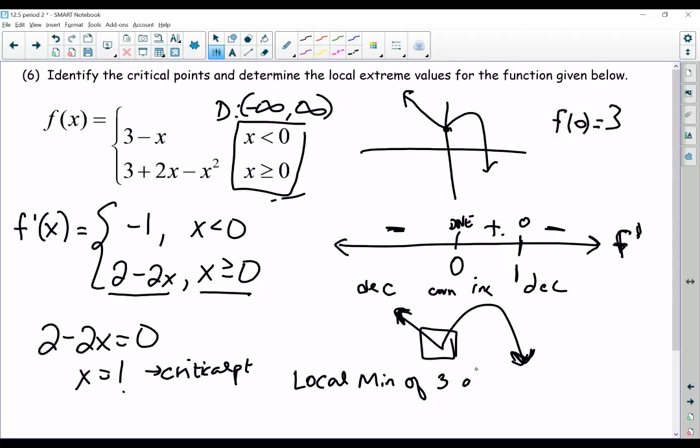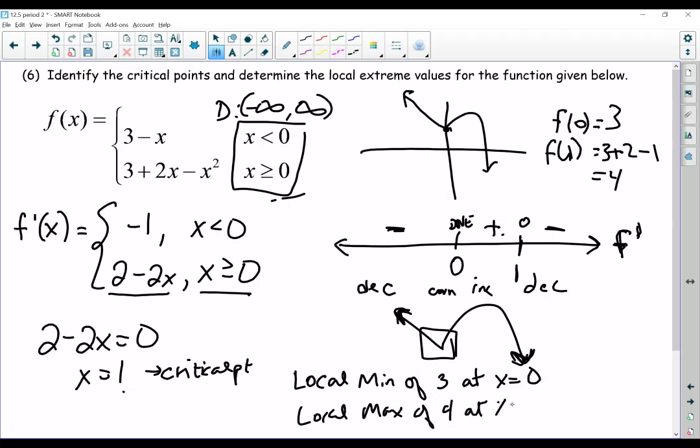So 3 at x equals 0, and a local max of, now I got to plug in 1 to my function, making sure I plug it into the right domain. That would give me 3 plus 2 minus 1. 5 minus 1 is 4, so local max of 4 at x equals 1.